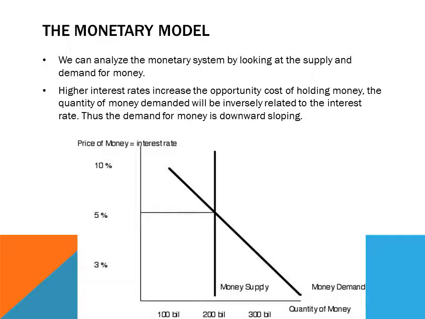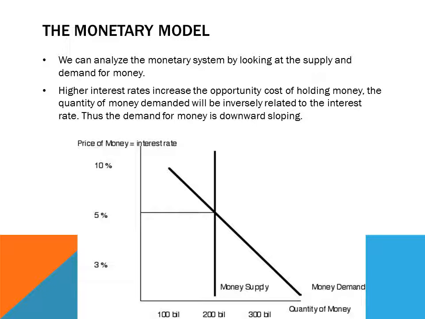Now, we need to become more familiar with a basic monetary model. We can analyze a monetary system by looking at the supply and demand for money. Higher interest rates increase the opportunity cost of holding money. The quantity of money demanded will therefore be inversely related to the interest rate. Thus, the demand for money is represented by a downward sloping function.